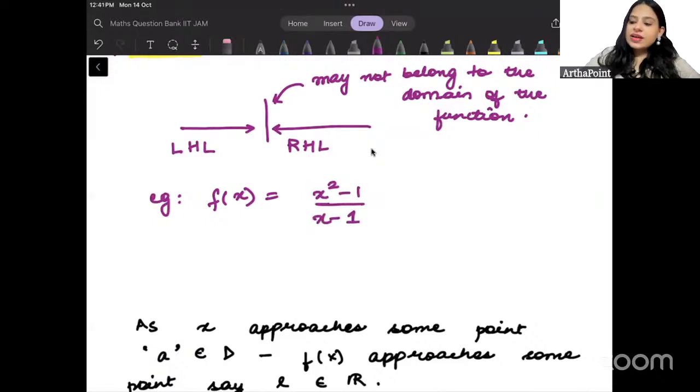You notice that the denominator is x minus 1. So we know that this denominator is not defined when x is equal to 1.